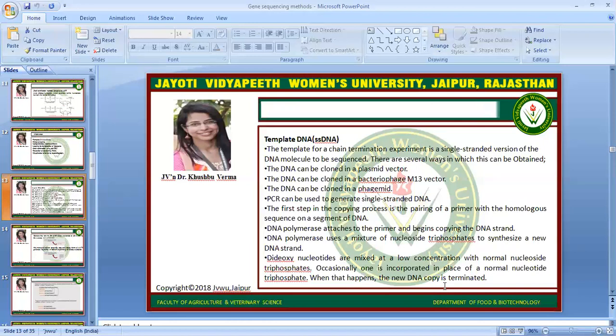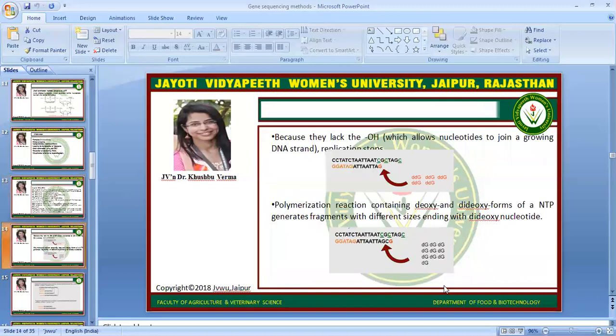Dideoxynucleotides are mixed at a low concentration with normal nucleoside triphosphates. Occasionally, one is incorporated in place of a normal nucleotide triphosphate. When that happens, the new DNA copy is terminated, because they lack the OH which allows a nucleotide to join a growing DNA strand, so replication stops.